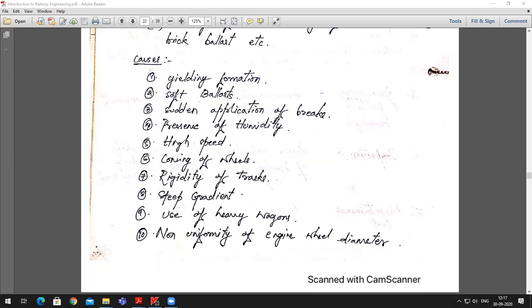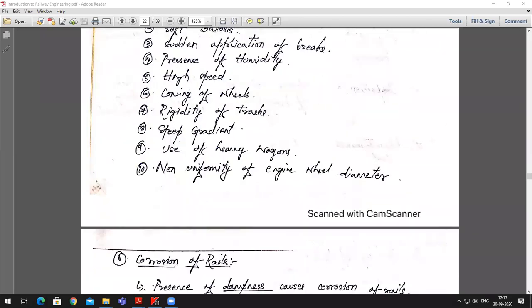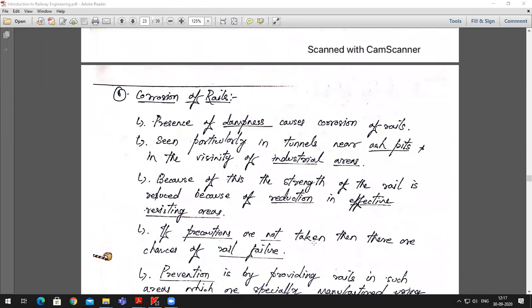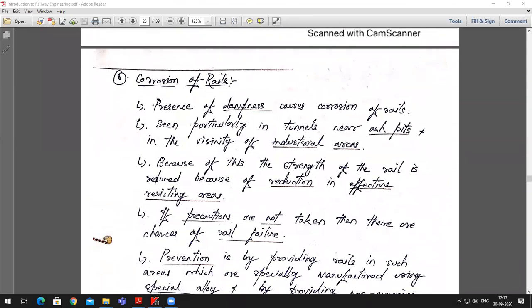So whenever you have non-uniform diameter of the engine wheels, which is responsible to propel the vehicle in the forward direction or backward direction, it is normally seen that the wearing of rail will take place, and this might be a cause of rail corrugation. The next defect, or the second category of defect, is corrosion of rails.